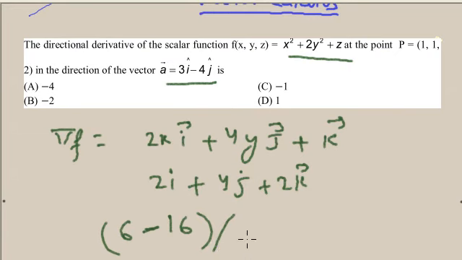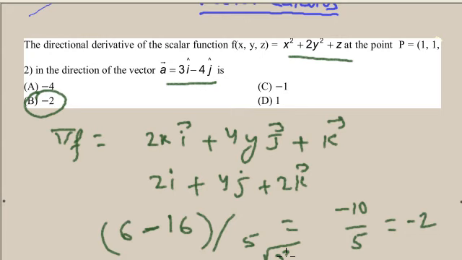So 3 square plus 4 square, root over it, means 5. So minus 10 divided by 5 means minus 2. This 5 comes from root over 3 square plus 4 square. So this is the correct answer.